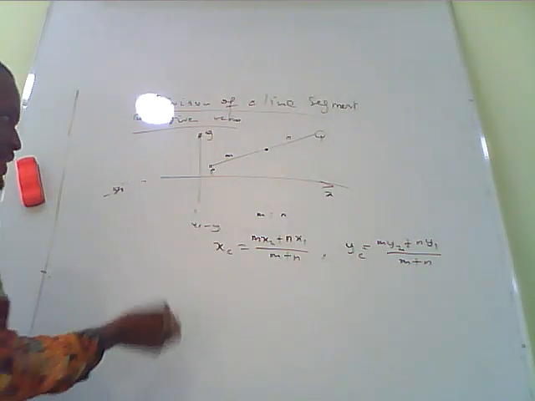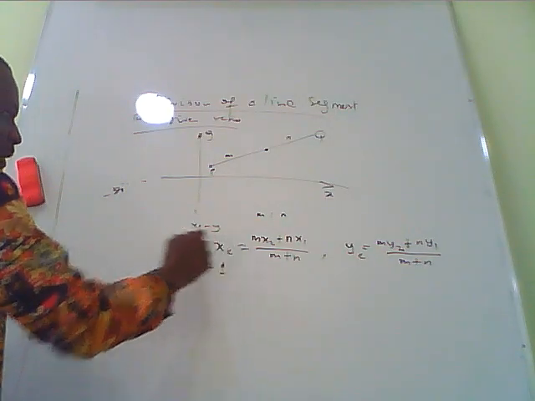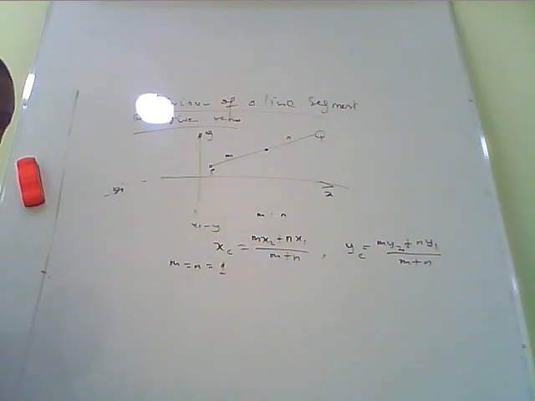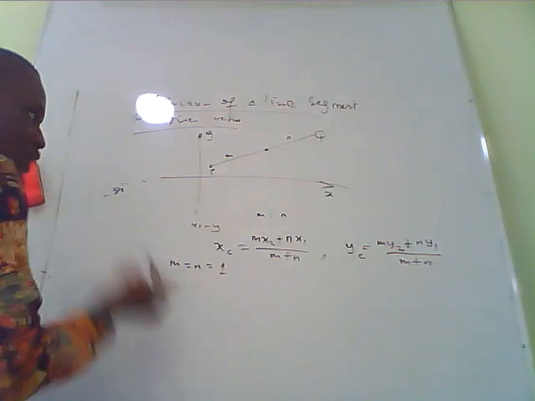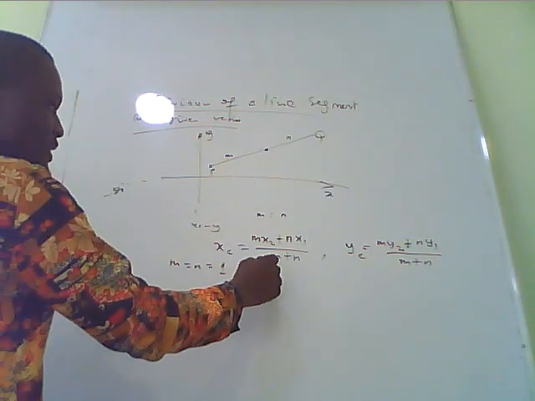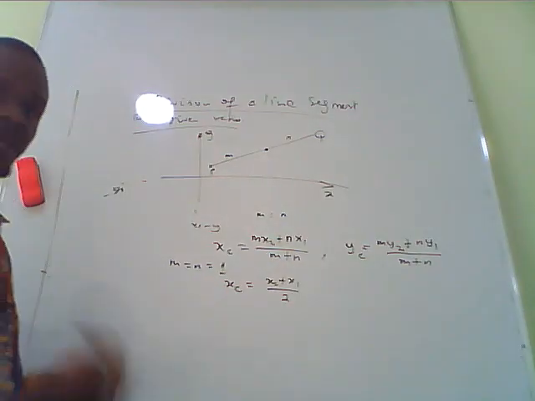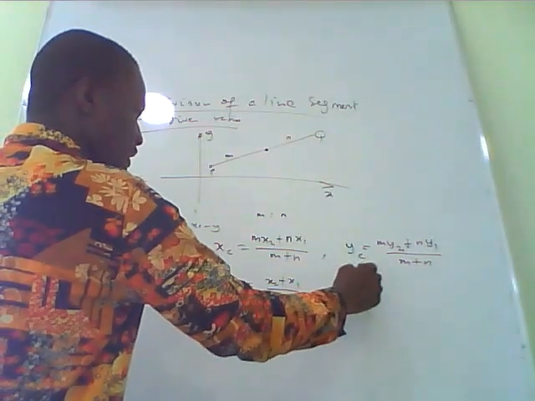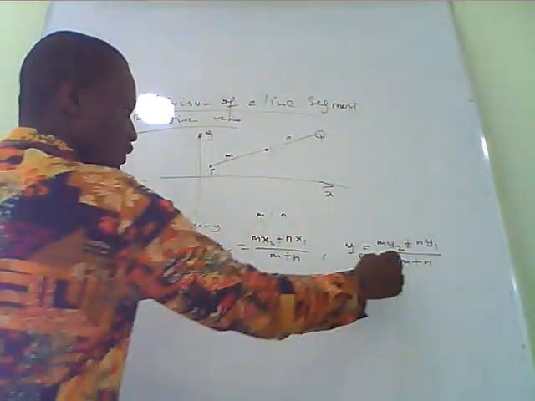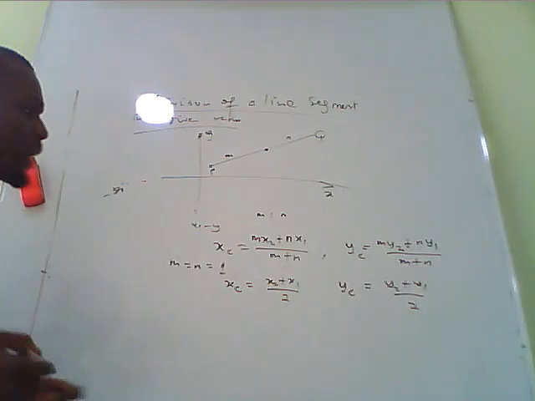Obviously, if m is equal to n equal to 1, your xc is going to give us (x2 plus x1) over 2, which is the midpoint. And yc will give us (y2 plus y1) over 2, which is also the midpoint.